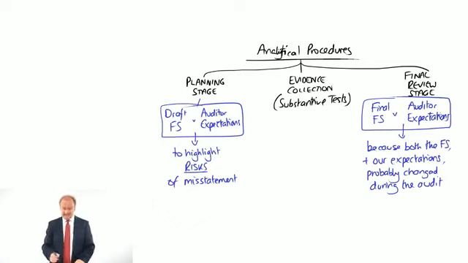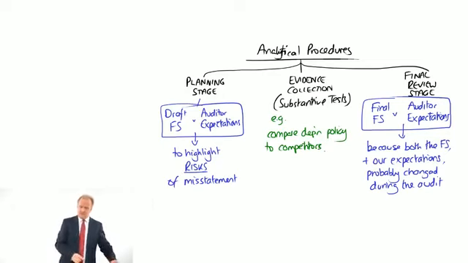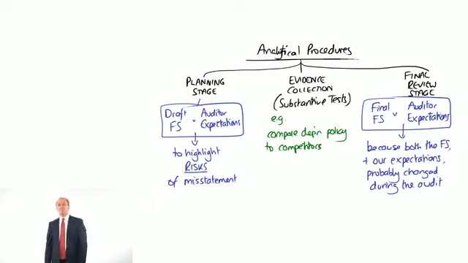Evidence collection as substantive testing, by the way, I'll show this in a different colour because it's a rather different thing. For example, we compared depreciation policy with competitor companies, because we were of the belief that if all similar companies have a similar depreciation policy, that gives some evidence that it's probably right.